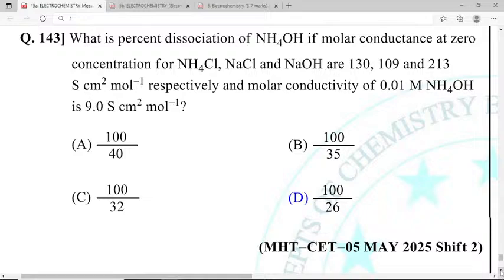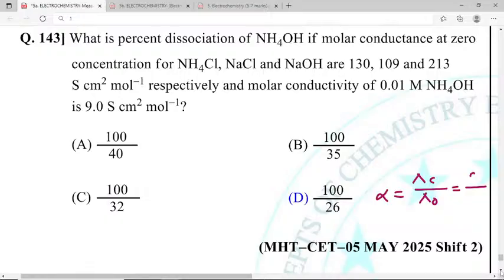What is the percent dissociation of NH4OH, if the molar conductance at zero concentration of ammonium chloride, ammonium hydroxide, and the molar conductivity of 0.01 ammonium hydroxide are given? Okay, so this is the alpha value here. How to calculate alpha? Alpha is equal to lambda C divided by lambda naught. But what is the lambda naught value here? Lambda C value is 9.